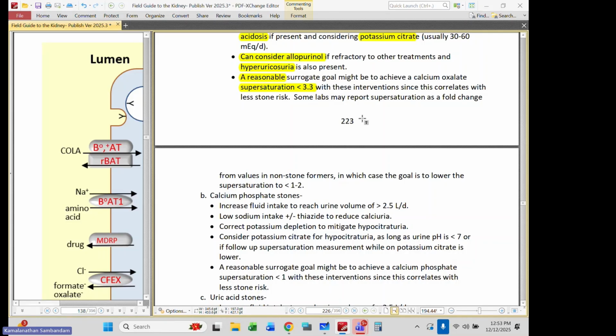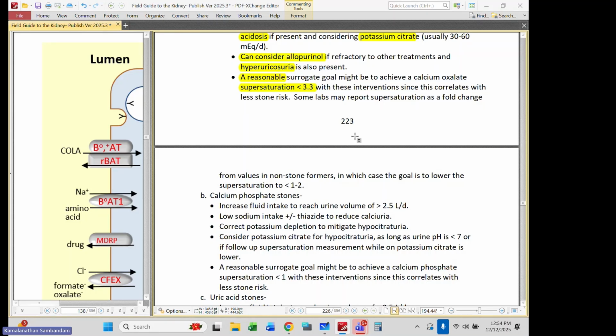That just essentially makes the solution more soluble for calcium oxalate through any one of those interventions, okay? And it turns out even if my urine pH is a little higher, my supersaturation comes down as well in a calcium oxalate stone former. So all of those things affect the supersaturation. High urine volume also reduces supersaturation.